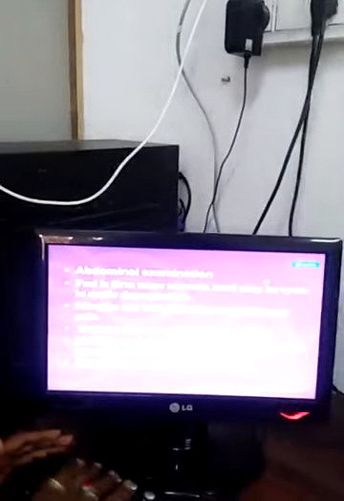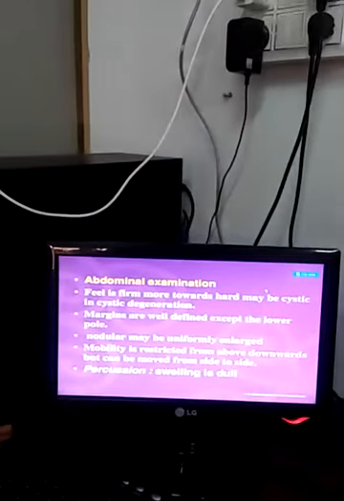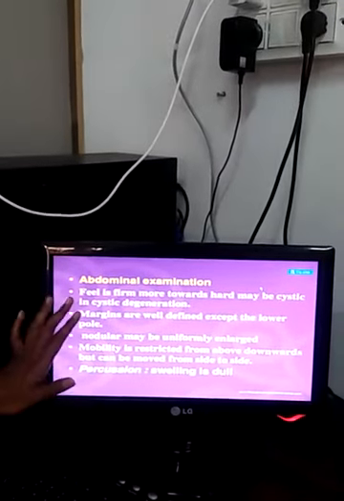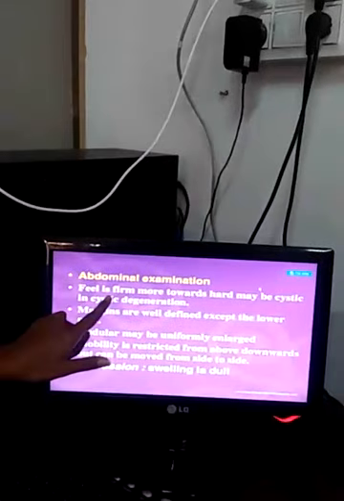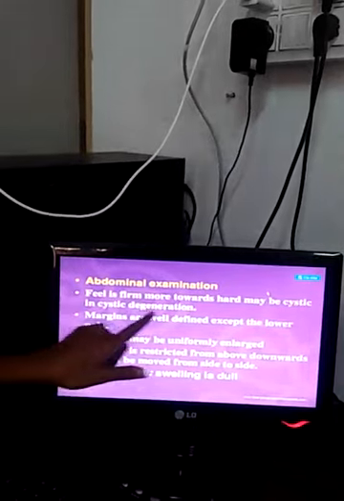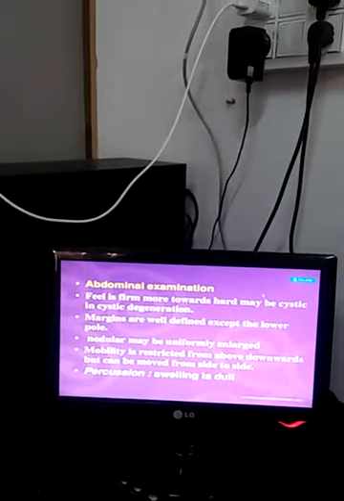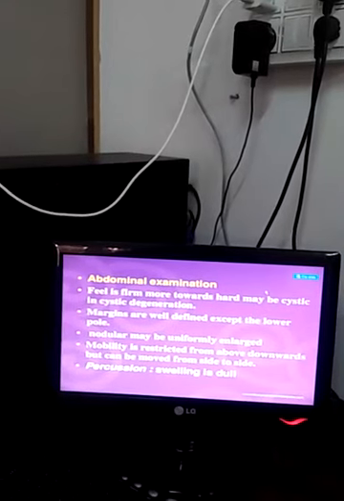So what do we see when we do the abdominal examination? If we imagine the patient lying down, with the head and the legs. When we do the abdominal examination, the feel is firm, more towards the heart, maybe cystic in cystic degeneration, depending upon which type of secondary changes take place in the fibroid.